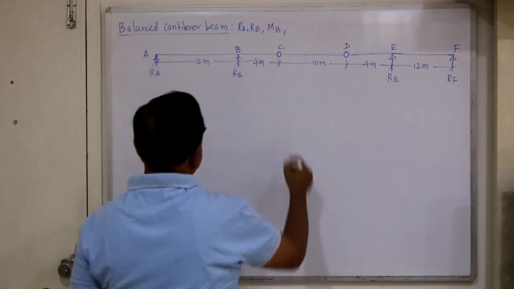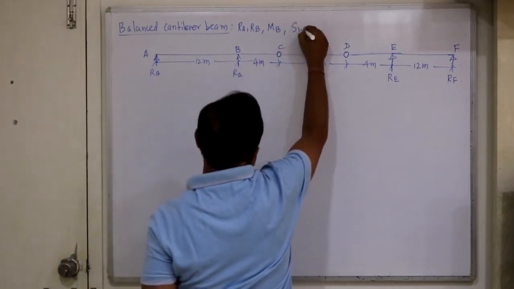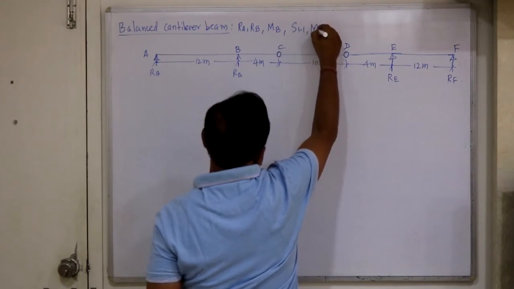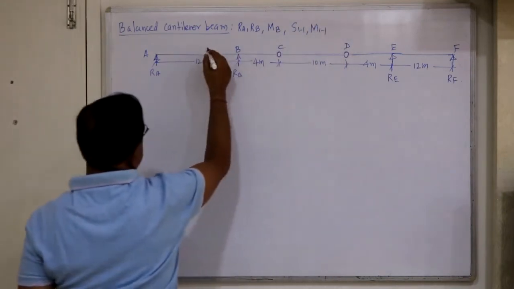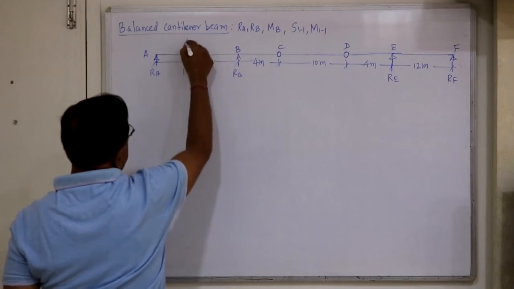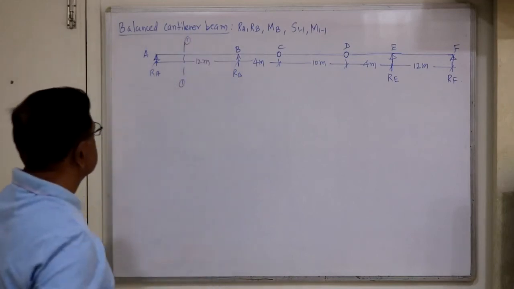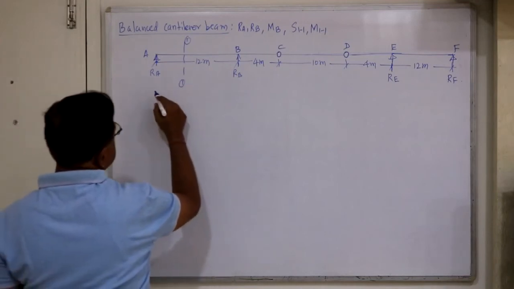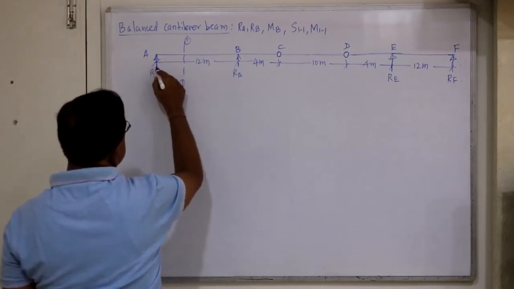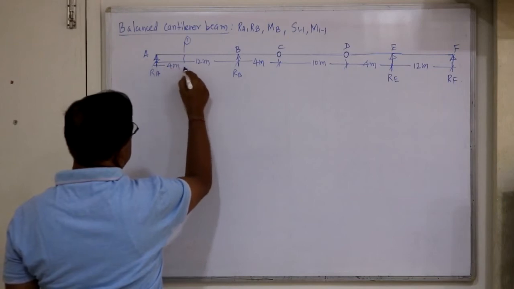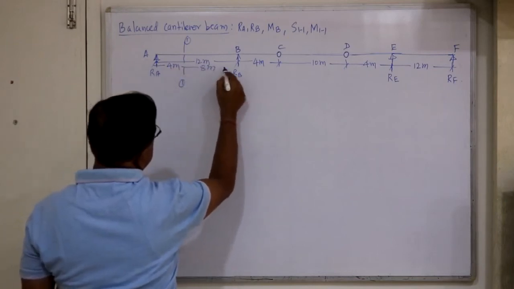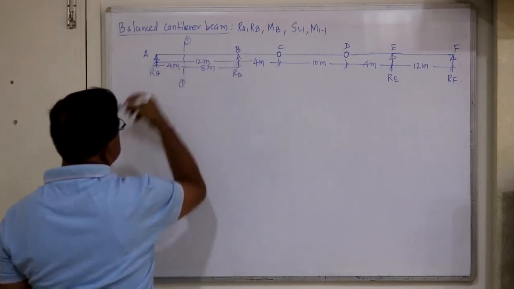Let's take section 1, 1, S11, M1, 1. So I will take section 1, 1 say here. So this is 1, 1, and say this is 4 meter and this is 8 meter, the location of the section.